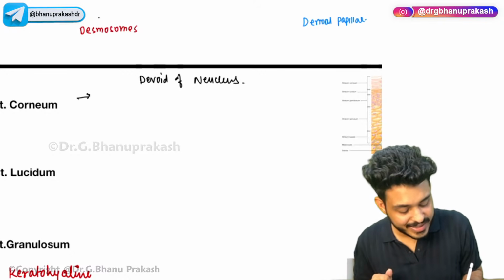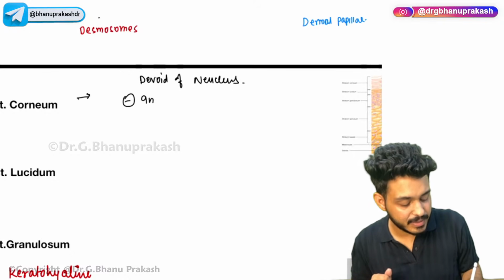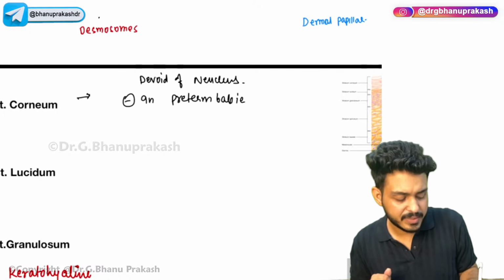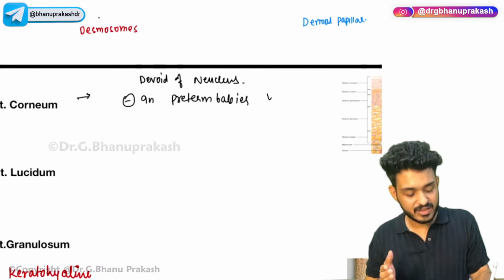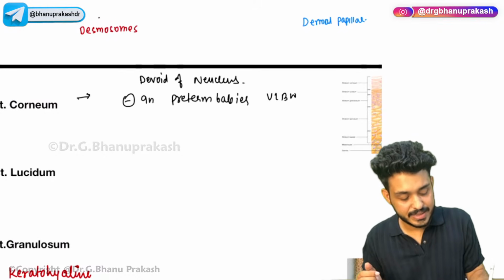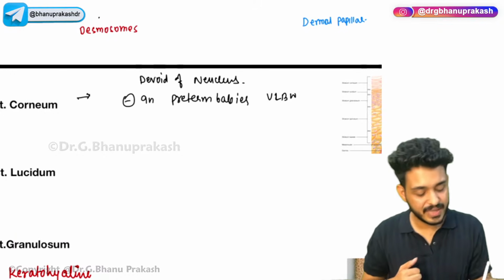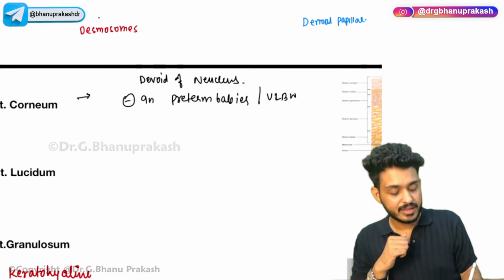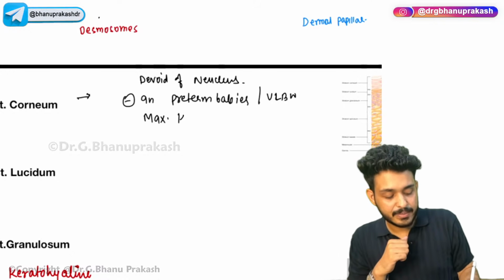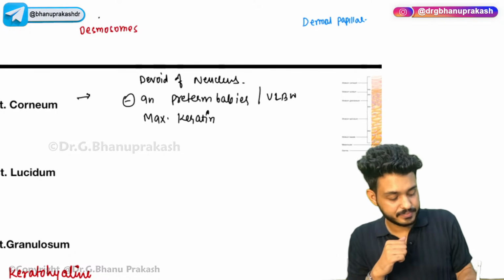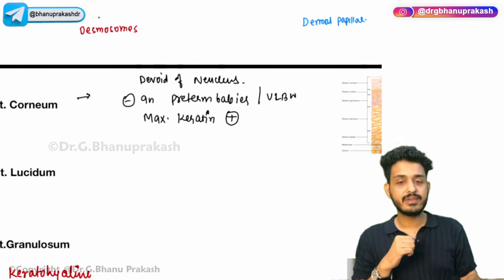Second thing, it will be absent in preterm babies, or very low birth weight babies. They will have this layer absent. Third thing, maximum keratin will be present in this particular layer.